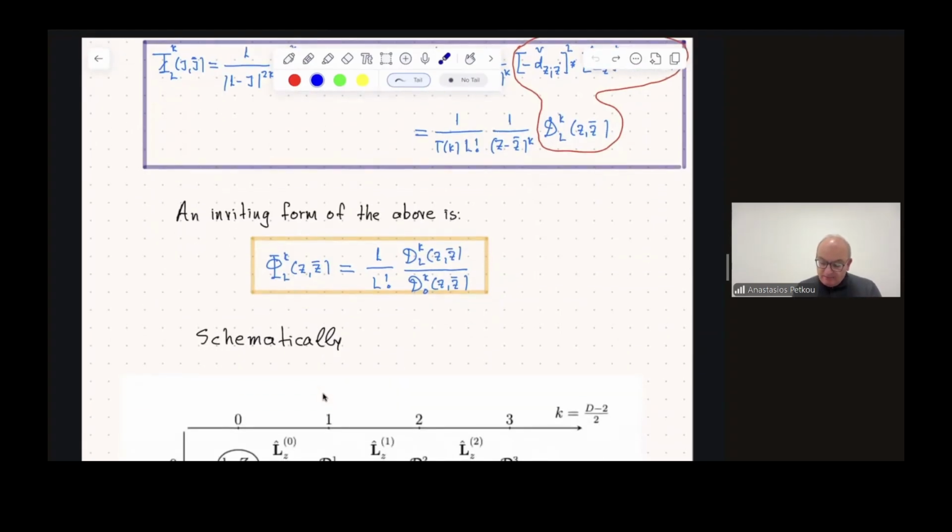And another inviting form of this correspondence is that the conformal integrals are like a ratio of these two D functions, and the difference, remarkably, as I will try to argue, is this factorial factor here.